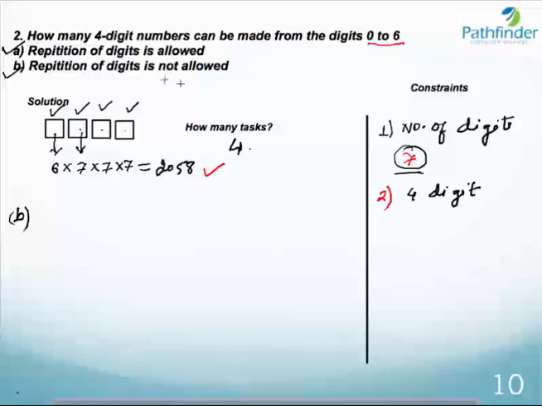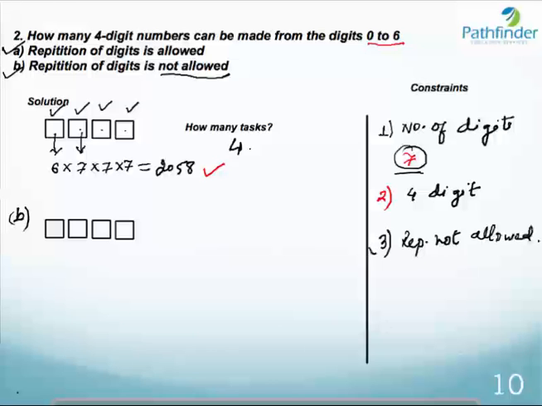Next, let us look at part B. In part B, repetition of digits is not allowed. So how many digits will be placed on each of the places? Let's see that first. To solve part B, we have another constraint added on, and that is repetition is not allowed.